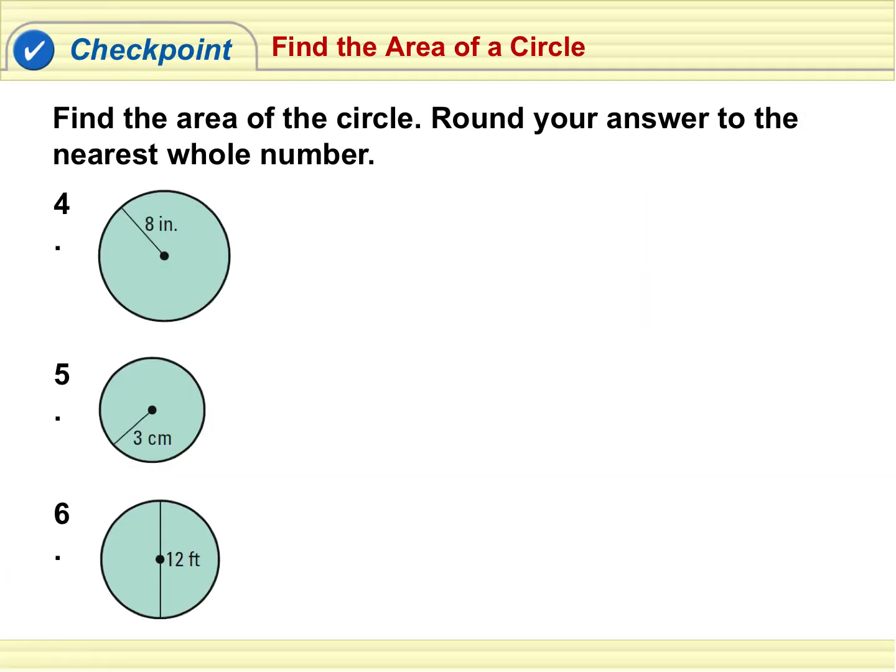Okay. Go ahead and try these three with the area. What's the formula for area of a circle? We just talked about it. Pi r squared. We're talking about area, so we need the area formula. Plug in what you know. 8 squared.